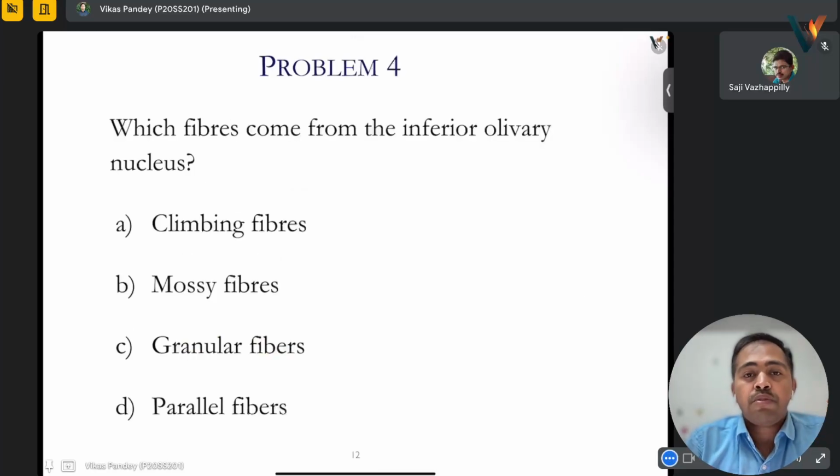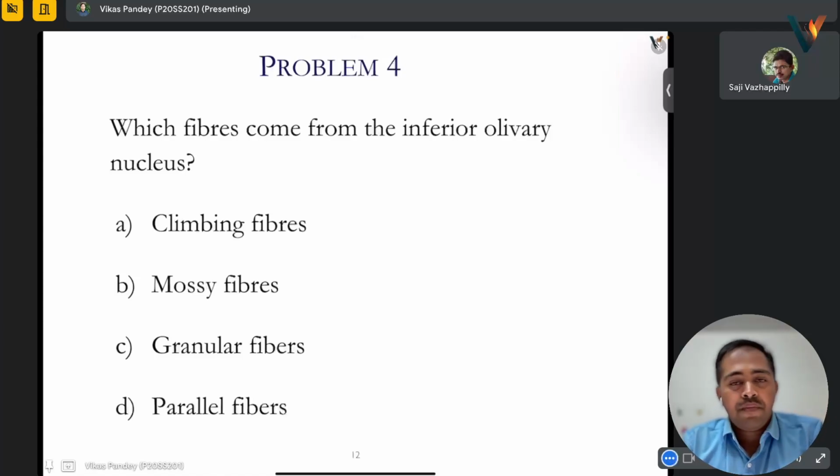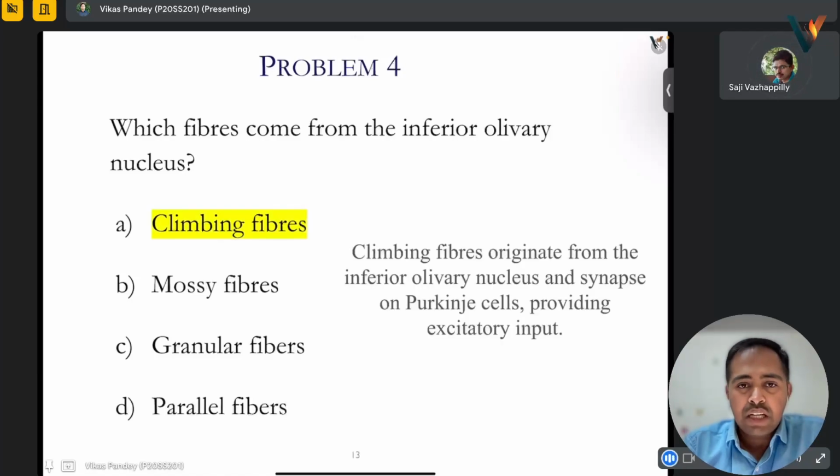Which fibers come from the inferior olivary nucleus? Climbing fibers, mossy fibers, granular fibers, or parallel fibers? It is mono, sir, only one, that is climbing, and mossy fibers are many to one. So it is climbing fibers, right?